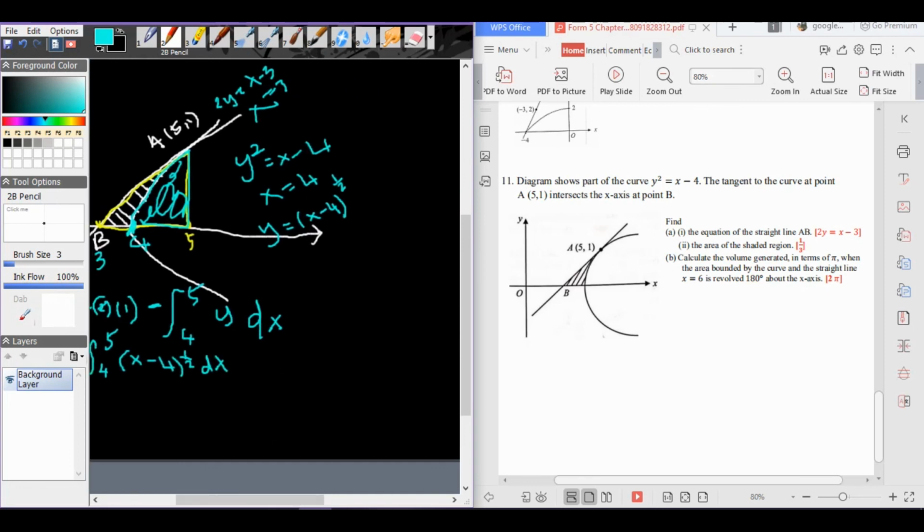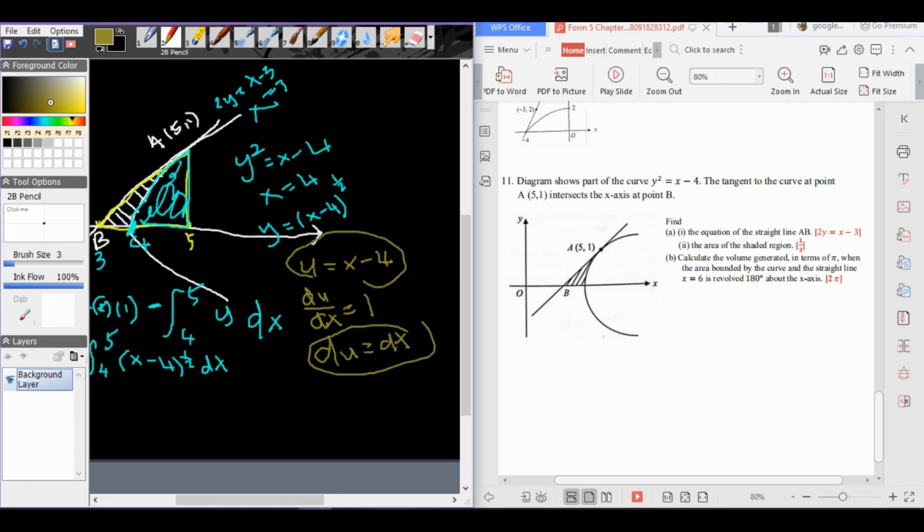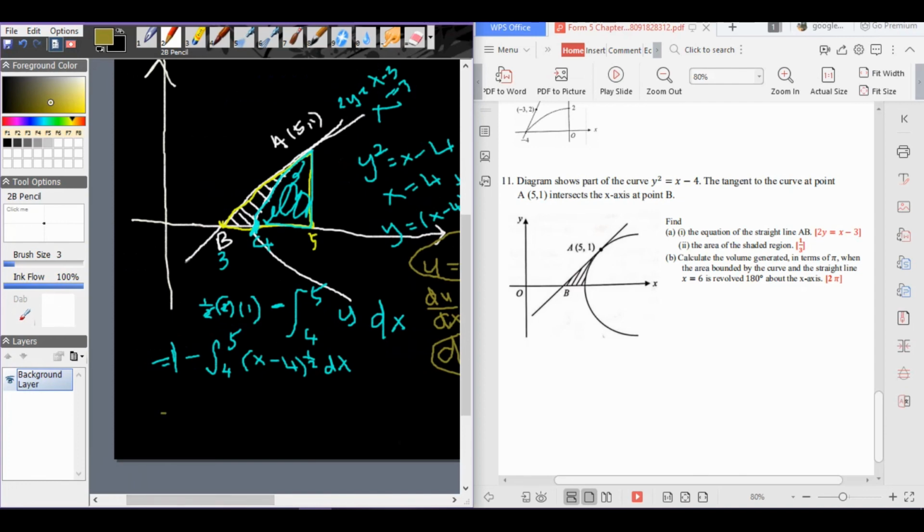How to integrate this one? We have to use substitution. Let u equals x minus 4. So du/dx equals 1, so du equals dx. Substitute these back into the equation. Then you will have 1 minus the integral from 4 to 5 of u^(1/2) du.